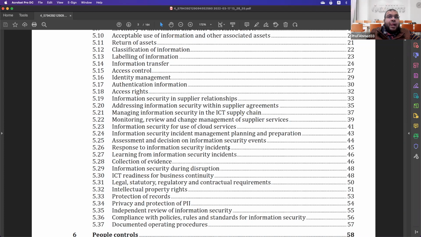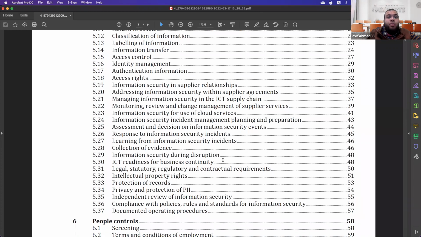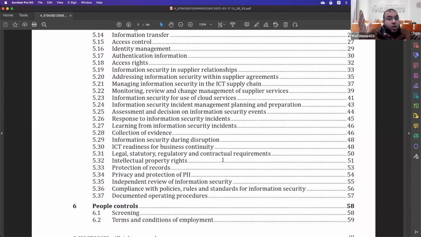And the information security during disruption, how you will manage the information security during disruptions. Yes, I think it makes sense to discuss something like this after a big pandemic happened, like COVID-19.